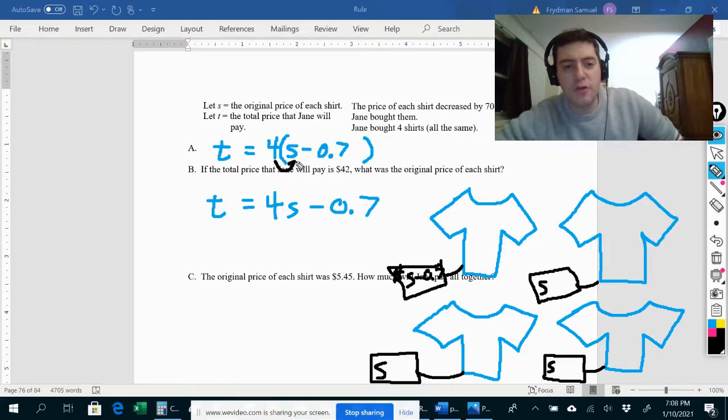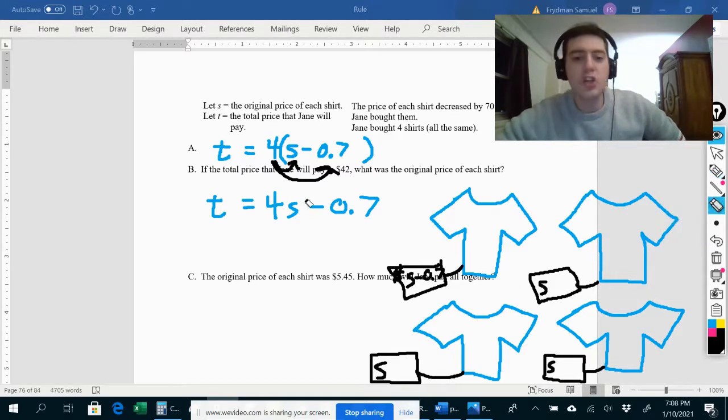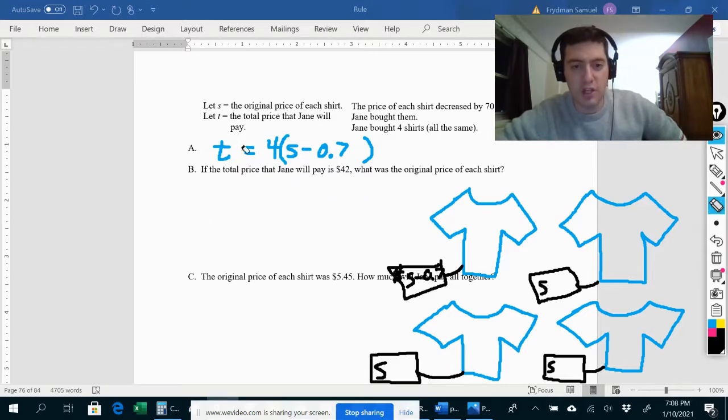If I were to distribute this 4, I can see it's multiplying the S, and it's also multiplying that 0.7 here. So if I write the equation this way without parentheses, then it's like I'm saying that only one of those shirts was reduced by 70 cents, and Jane had to pay full price for the other 3 shirts. That's not what's being described in this word problem. So I hope now you understand why this equation is the correct equation for this problem.